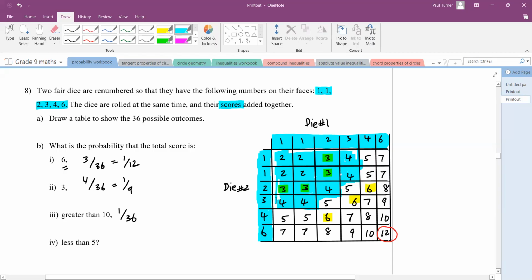These ones here. Okay, so 1, 2, 3, 4, 5, 6, 7, 8, 9, 10, 11, 12, 13. So there are 13 numbers out of 36 which are less than 5, and we can't simplify that number. So we'll leave it there.